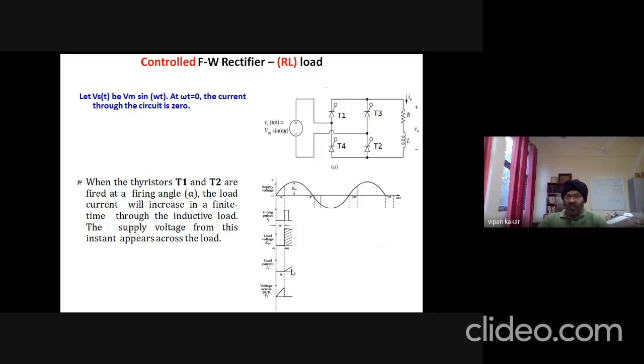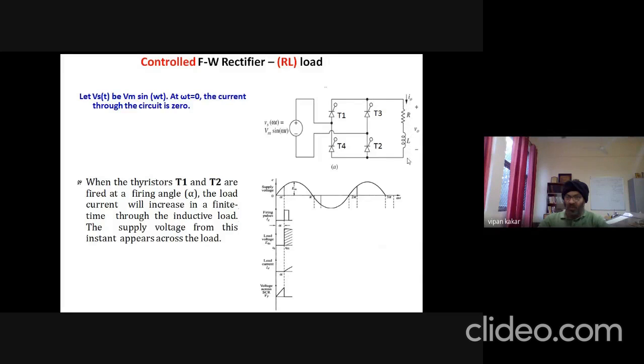Now the load current starts to increase slowly, like we can see from here, in some finite time. And now this supply voltage appears at the load because of the turning on of these thyristors, T1 and T2. The circuit is complete through T1 from the positive half cycle at the top, and then through the load from top to bottom.